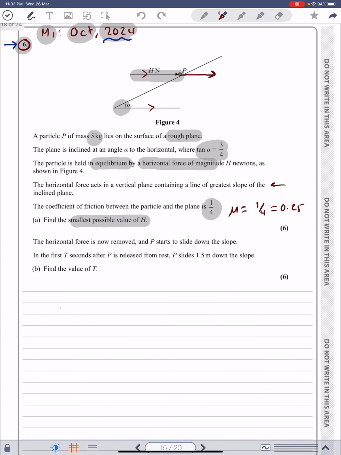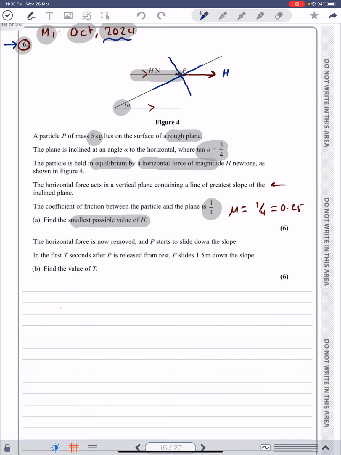And how do you start solving these questions? The first thing we must start with, dear students, I'll be doing on a new page, just to start this properly and be involved in the concept. H is a horizontal force, so it's not in the direction of the plane, and it's not perpendicular to the plane.